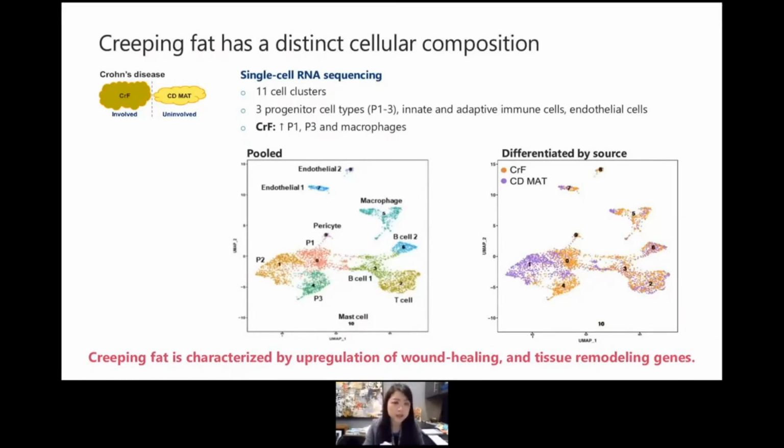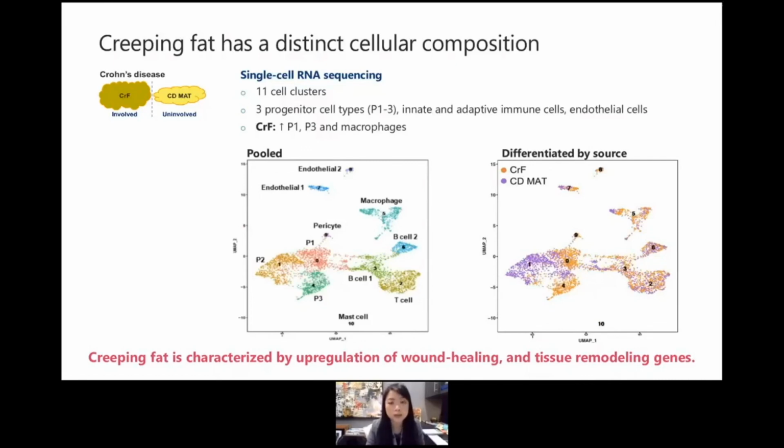And what's really interesting is that when we start to differentiate where the cells came from, whether it's from the creeping fat or from the adjacent healthy fat, we begin to see that those adipose tissues actually have a very distinct cellular composition. So in creeping fat, we have these very distinct progenitor cell types that were not found in normal fat tissues.